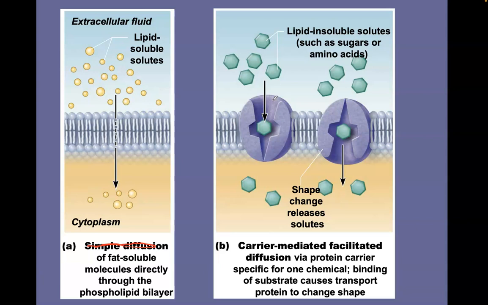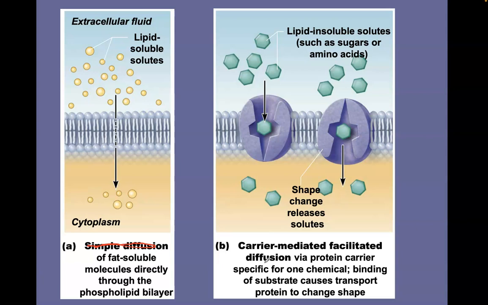We can have facilitated diffusion, which means that we need a protein that will help facilitate the diffusion process. In this case, there are two types of facilitated diffusion that we're going to talk about.